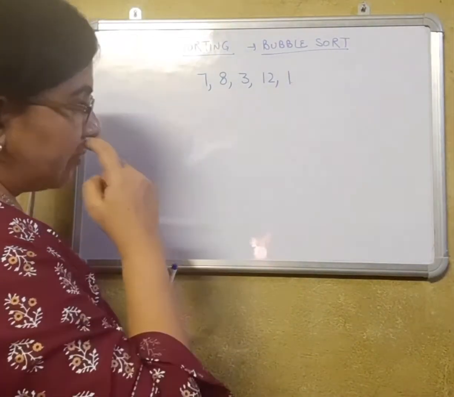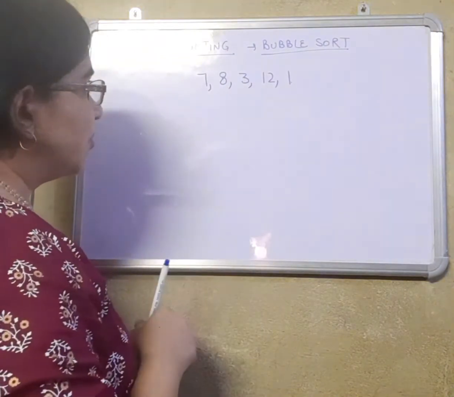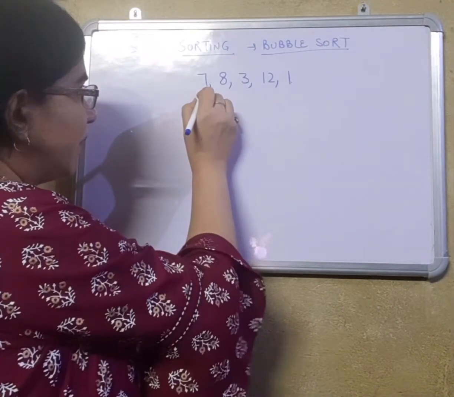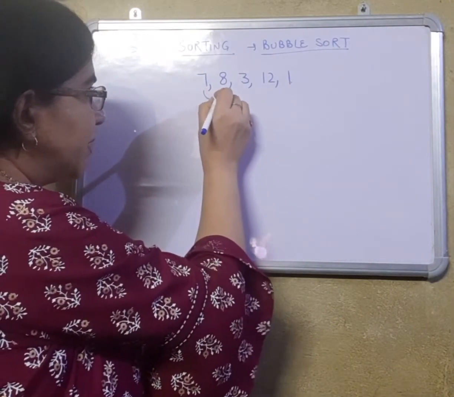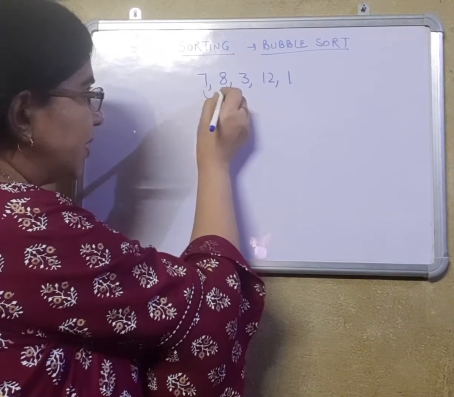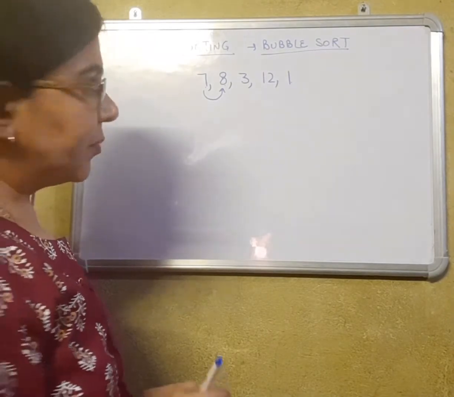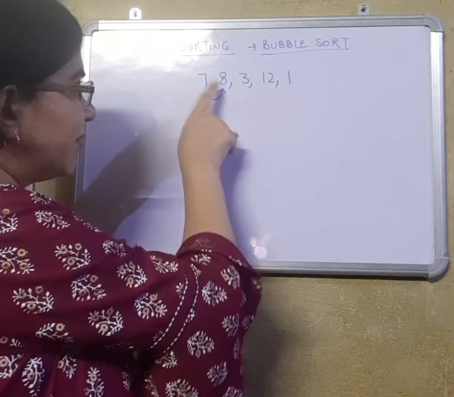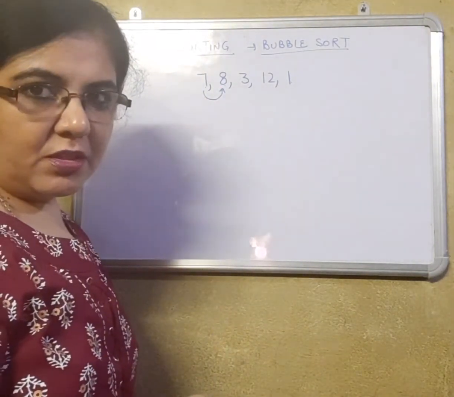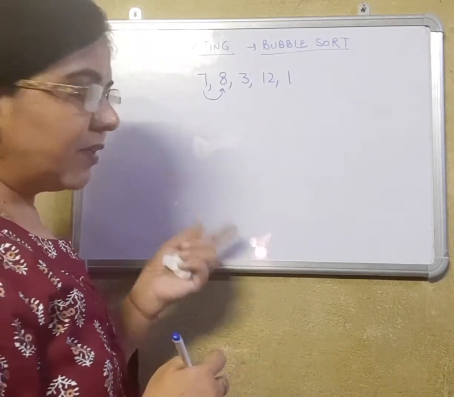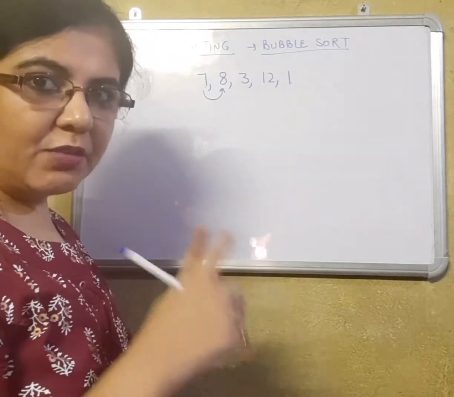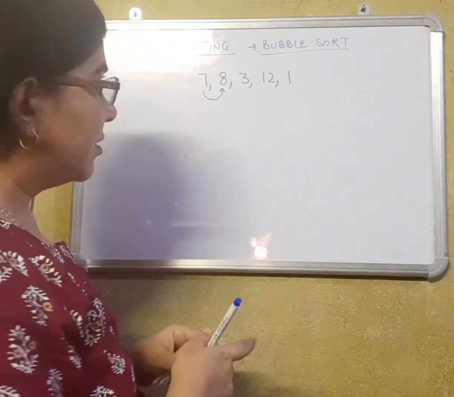In bubble sort, 7 will be compared to the neighboring element 8. If 7 is greater than 8, then both of them will exchange. Presently, 7 is not greater than 8, so 7 and 8 will remain at their own position.